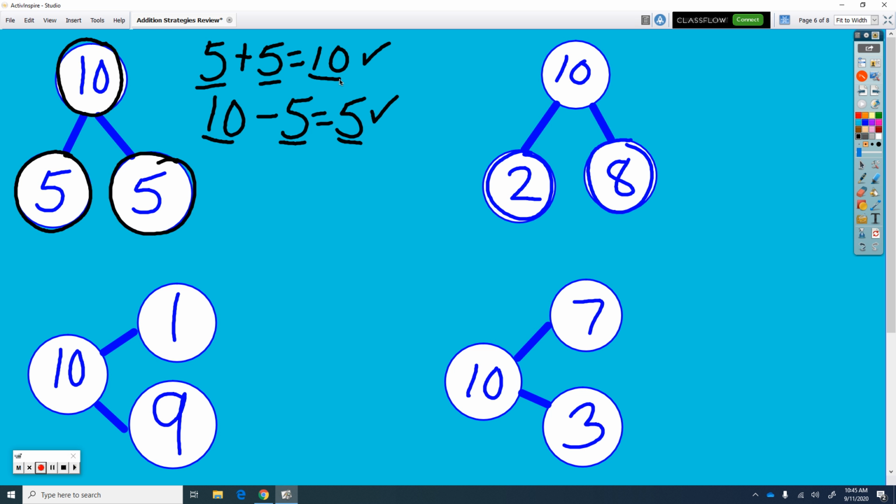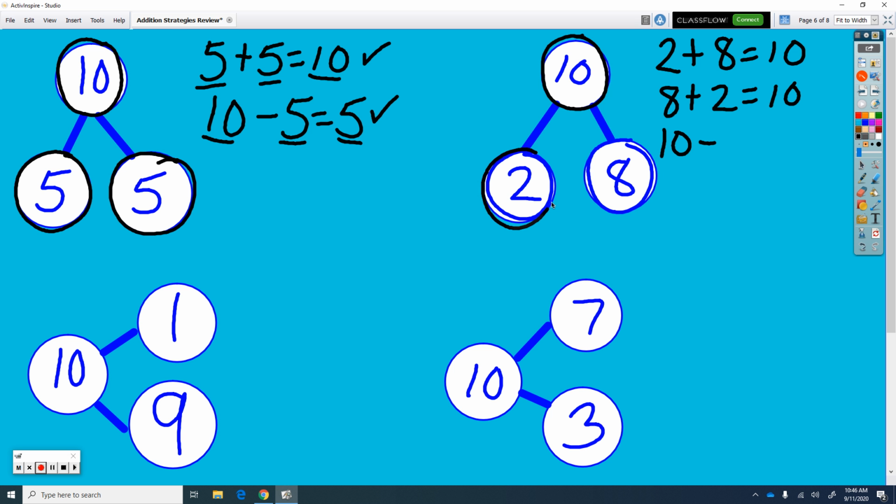Alright, so let's look at this number bond to show 10, the 2 and the 8 that make 10. Well, we know that this number bond is saying that 2 plus 8 could make 10. And we also know that it's saying 8 plus 2 could show 10, because it doesn't matter which way we do it. But you know what? It's also showing some subtraction. It's showing that if you have 10 and you subtract, or take away, 2, then you're going to have 8.